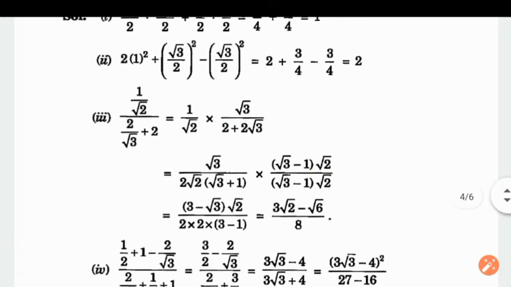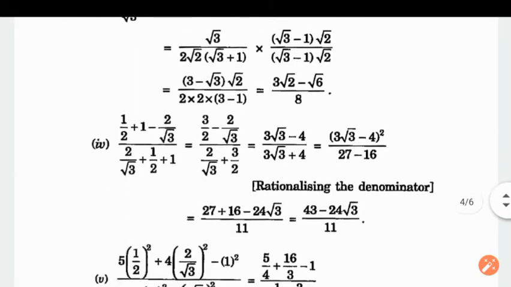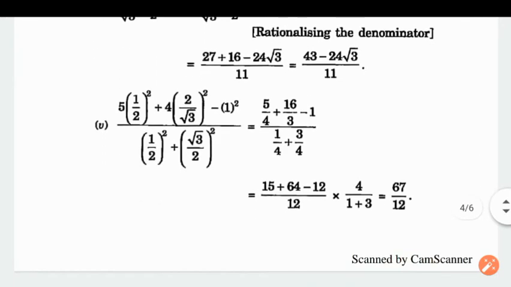After rationalizing the denominator, I got this one. Now you know how to put in the values and how to simplify. So this full exercise is very easy when you know the values of all the trigonometrical ratios at their standard angles. Okay, so the rest of the subparts you will do.